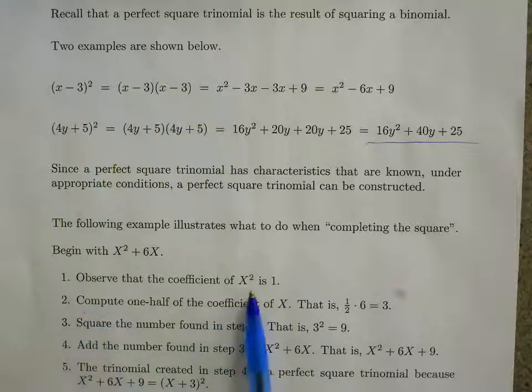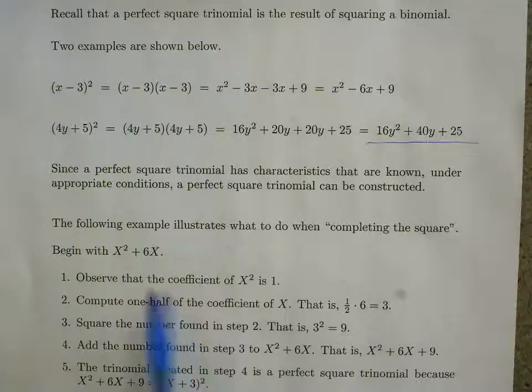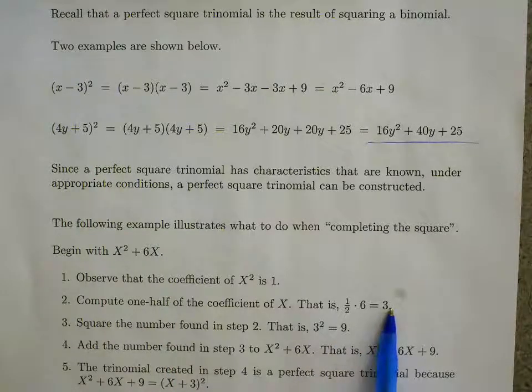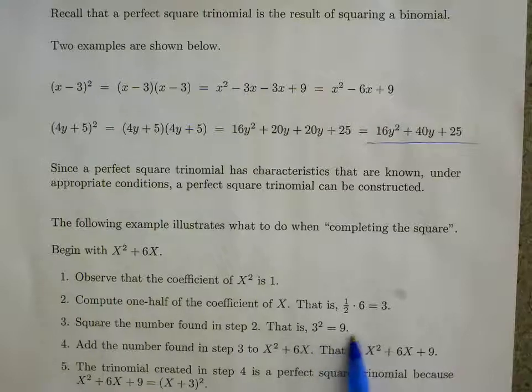Once the coefficient of x squared is 1, we compute 1/2 of the coefficient of x. The coefficient of x is 6, and so 1/2 times 6 is 3. Then we square the number that we found in step 2. We found that 1/2 of 6 equals 3, so in this step, we square that number, 3 squared equals 9.